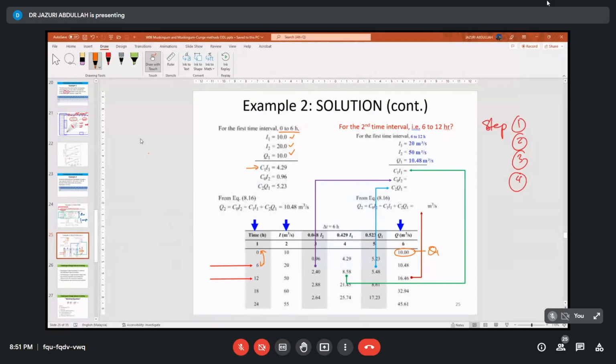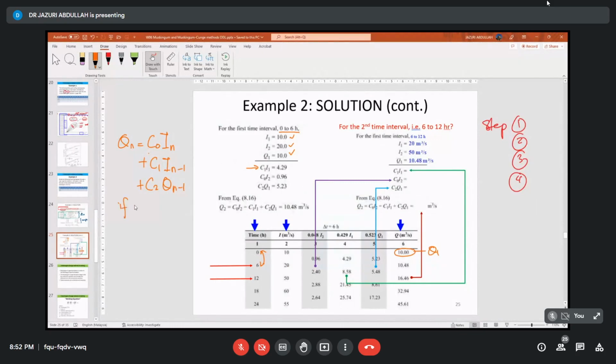Ingat kita ada equation kita adalah Qn equal to C0. Okay, so tadi equation yang sebelum ni C0 In. Okay, so kita ada equation C0 In plus C1 In minus 1 plus C2 Qn minus 1.